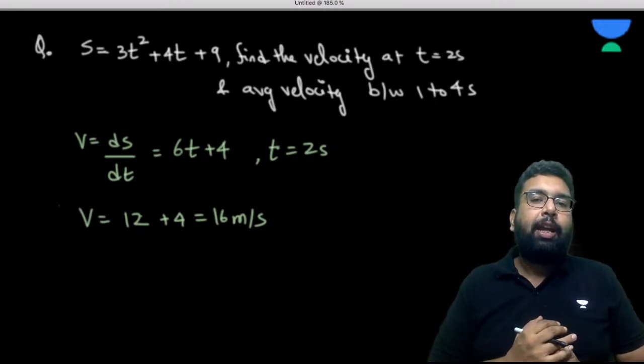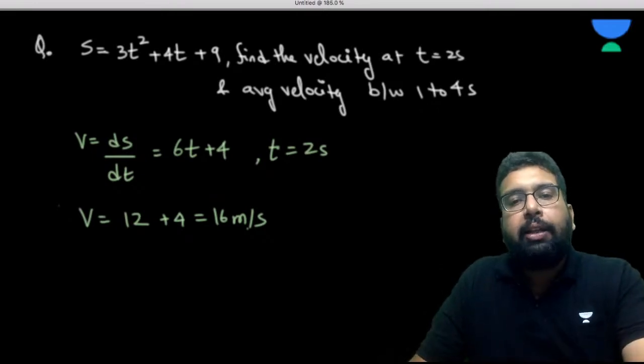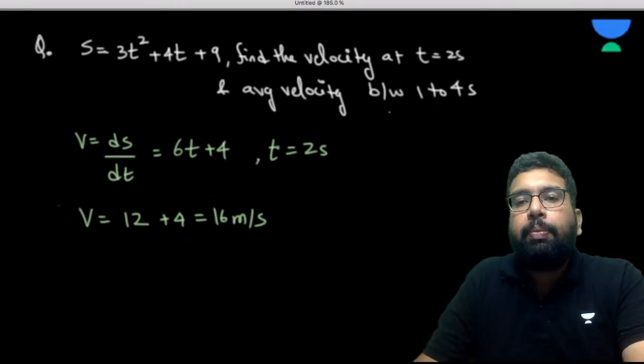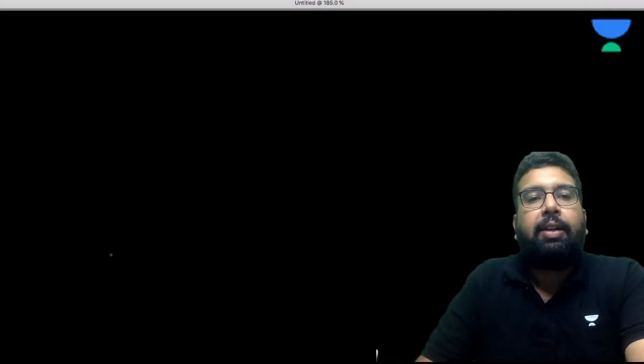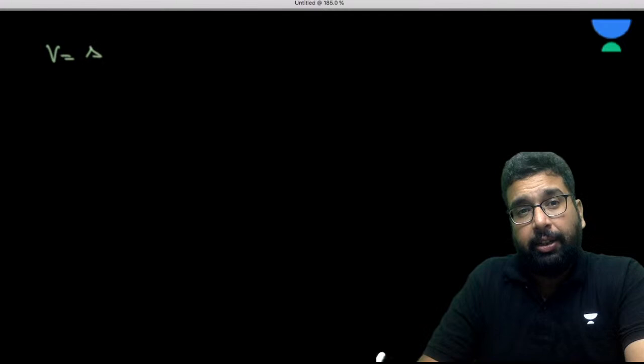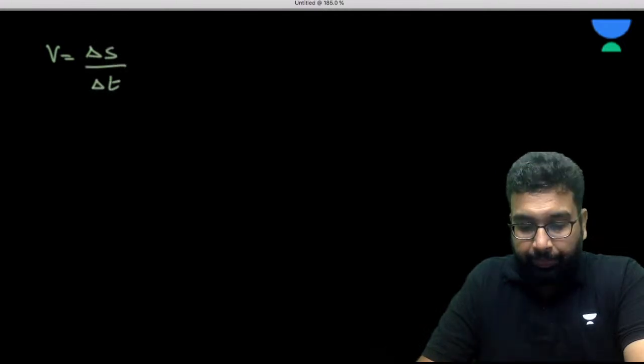So we are getting 16 meter per second. Now what is the velocity between 1 to 4 seconds? The velocity is change in displacement upon change in time.